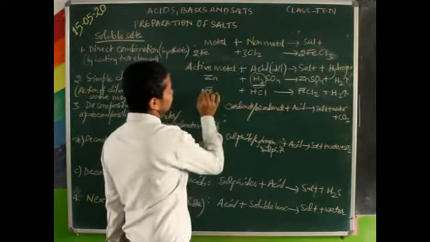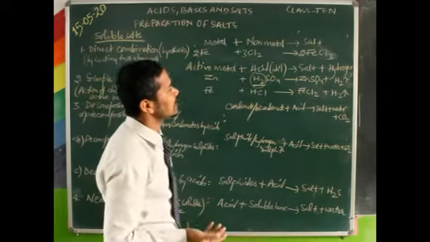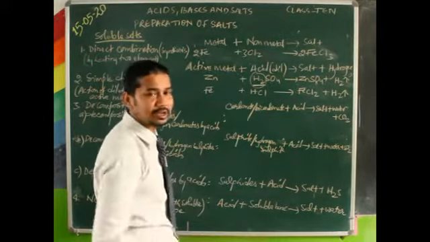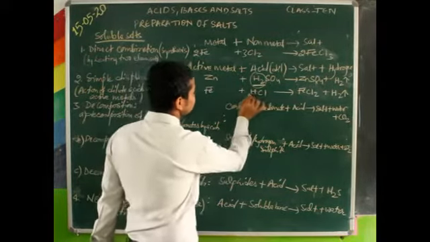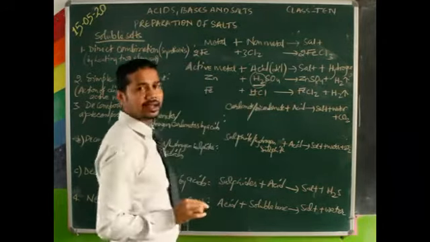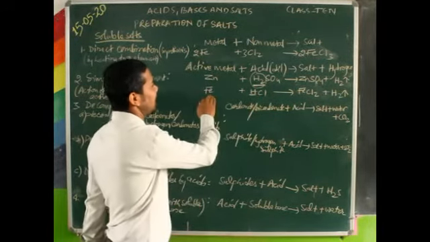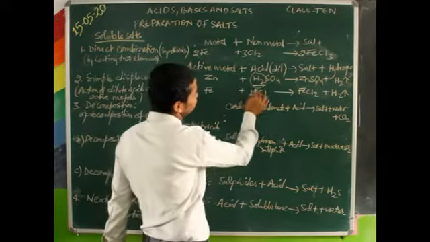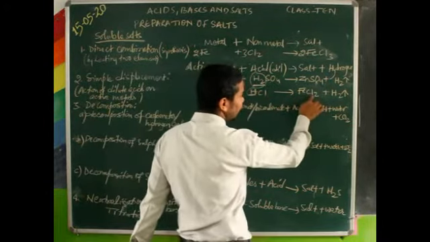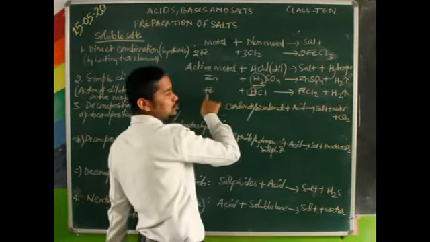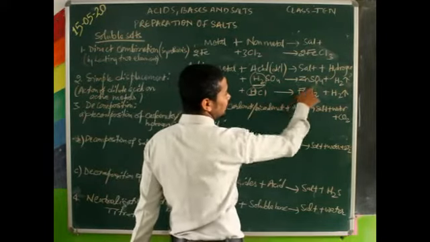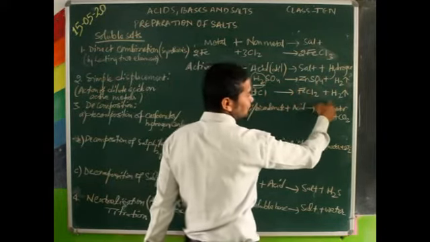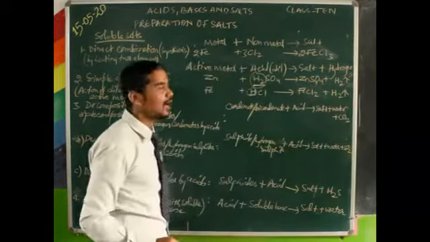So active metal plus acid gives salt plus hydrogen gas. Now here this hydrogen is displaced by iron. So if you remove this hydrogen, you will get Cl only. And since valency of iron is 2 and valency of chlorine is 1, crisscross, you will get FeCl2 plus hydrogen gas.